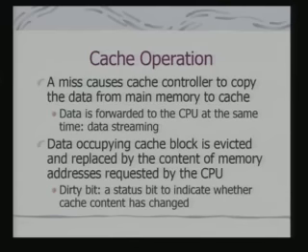And if that block is already occupied, then that data has to be evicted out and replaced by the content of memory addresses currently requested by the CPU. And when such a thing happens, you load not just the content of a single location, but the content of a block, to exploit what we call spatial locality.